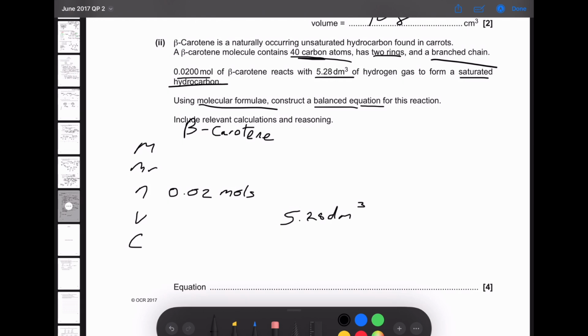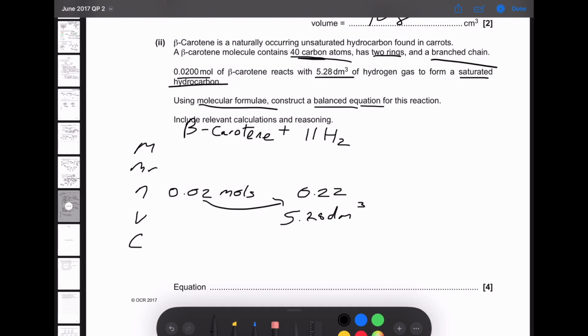Well, 5.28 divided by 24 gives us 0.22. So what does that tell us? Well, it's going to react with 11 molecules of hydrogen, because that's in a 1 to 11 ratio. So there must be 11 double bonds in beta-carotene.